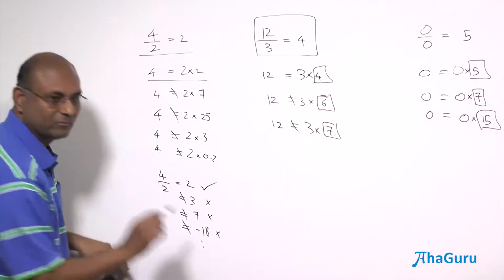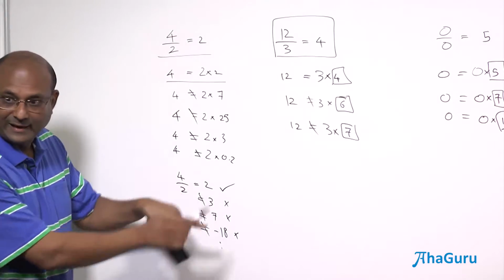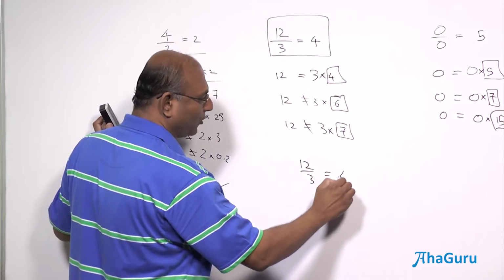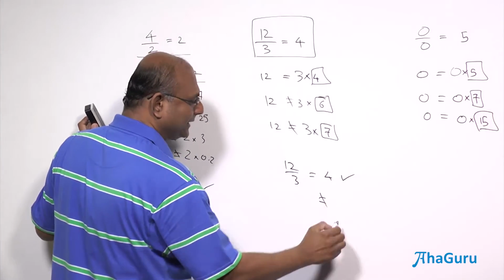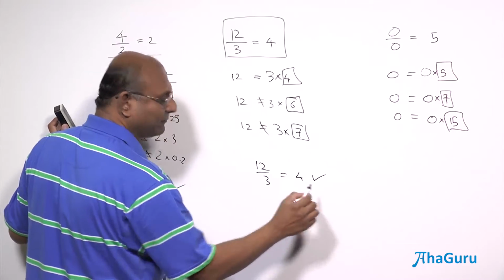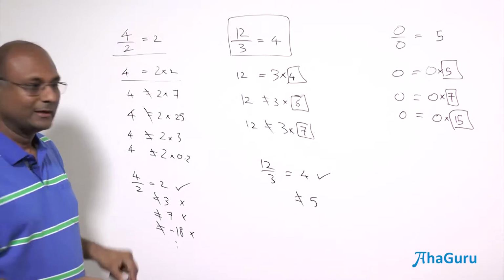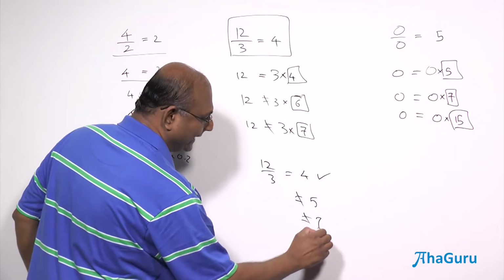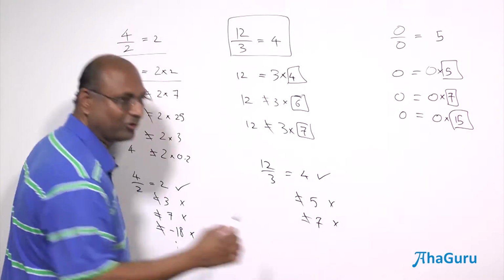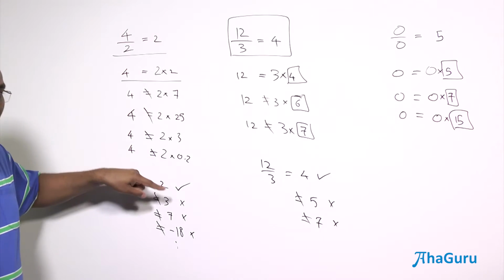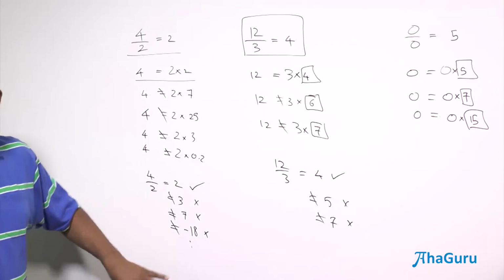No, no, no. We can say this very clearly. We end up with one number. 12 by 3 is 4? Yes. 12 by 3 is not equal to 5, because 3 into 5 is not equal to 12. If I try saying anything else, you will end up saying no. There is one answer to which it is yes, and every other answer is no.